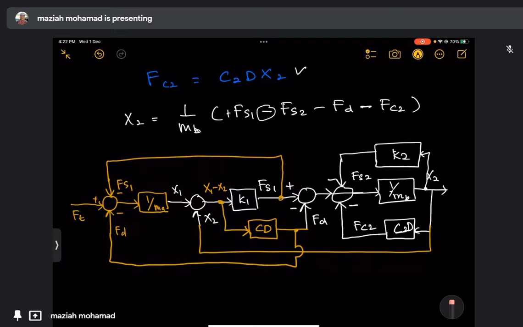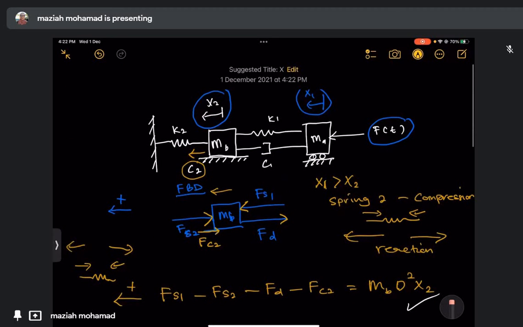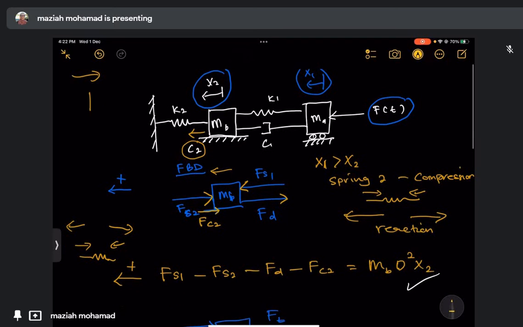Okay, so I think the trick here is in terms of the direction there. You maybe want to consider this direction to be positive. So then, basically, it's not wrong, but you might get confused because the input will be minus Ft, because the direction of Ft is to the left, while your assumption is that to the right is positive.